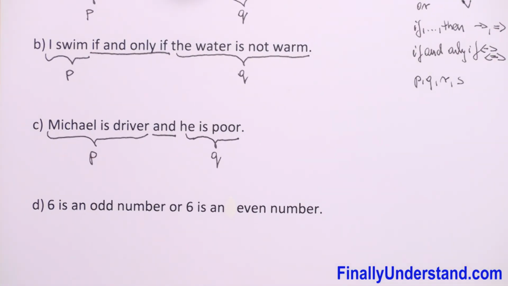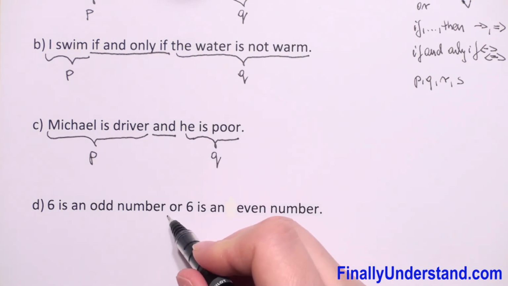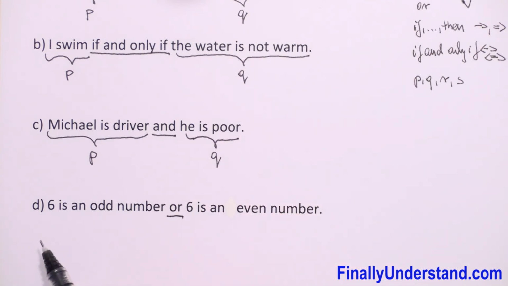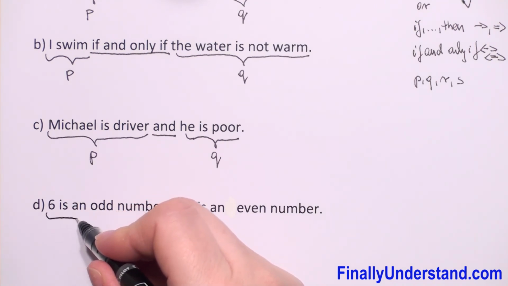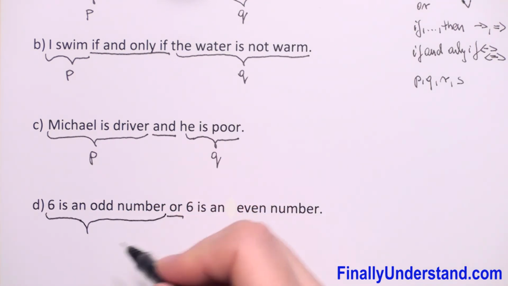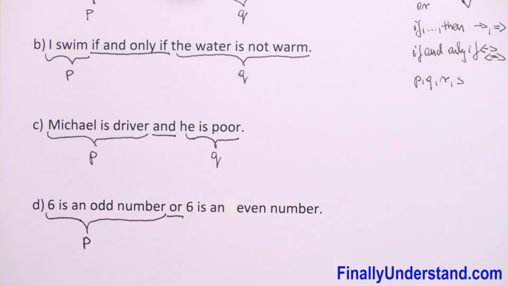In the last example we have 6 is an odd number, or 6 is an even number. We have the connecting word or. First we have 6 is an odd number. We can say that it is true or not. So this is a simple statement because it has a single idea. Let's put that this is our P. And next we have 6 is an even number.